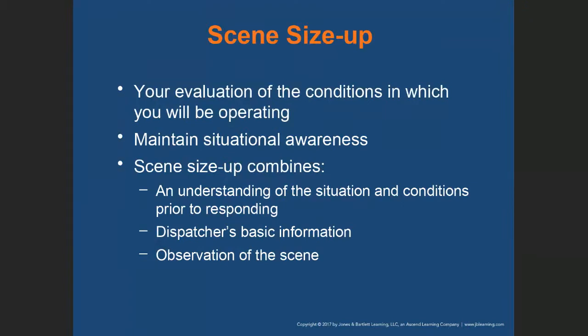You need to consider if you have more than one patient to deal with. You need to determine if you need additional resources. And based on the mechanism of injury, you need to determine if you need to take C-spine precautions for your patient. So this is the first section, scene size up.